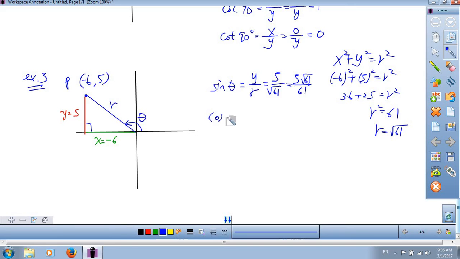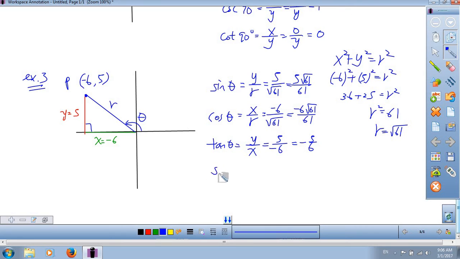Then let's do cosine theta. Cosine theta is x over r, so x is -6 over the square root of 61. Rationalizing this, it would be -6 times square root 61 over 61. When you rationalize, you multiply the denominator and numerator by the same radical. Tangent would be y over x, so 5 divided by -6, or -5/6.